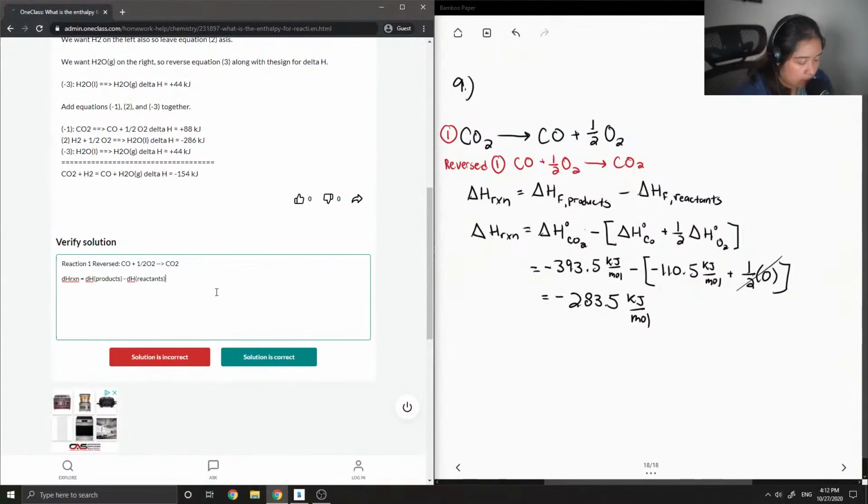Okay, so I have the delta H of the reaction is equal to the delta H of the products minus the delta H of reactants. So let me just write out what I did.